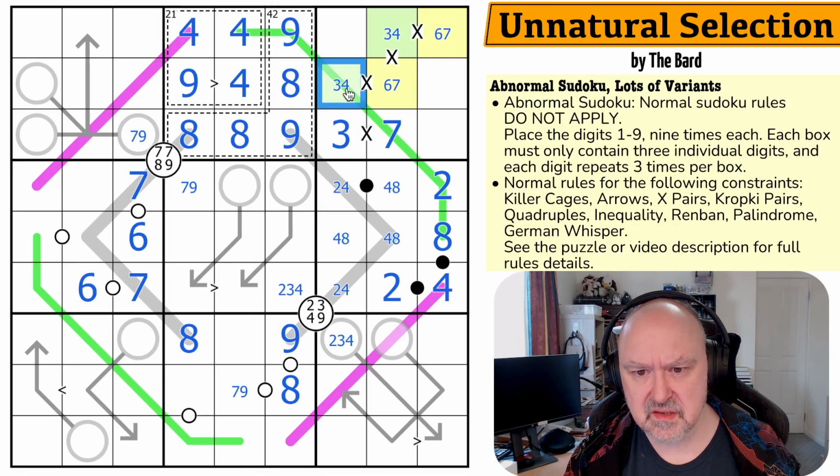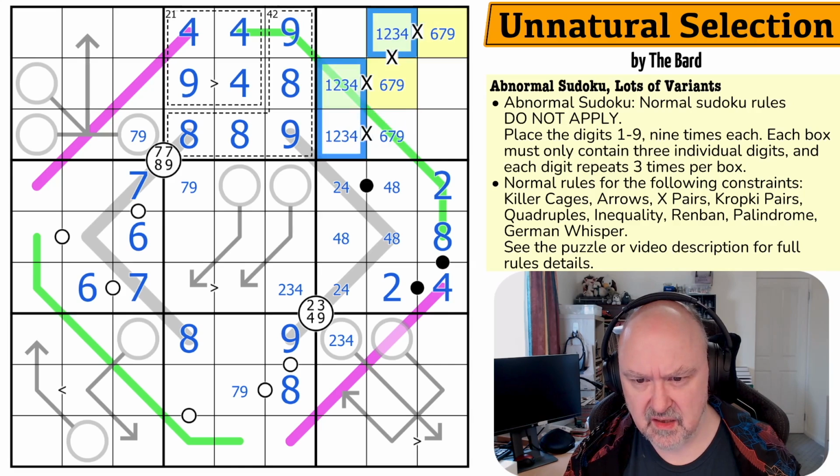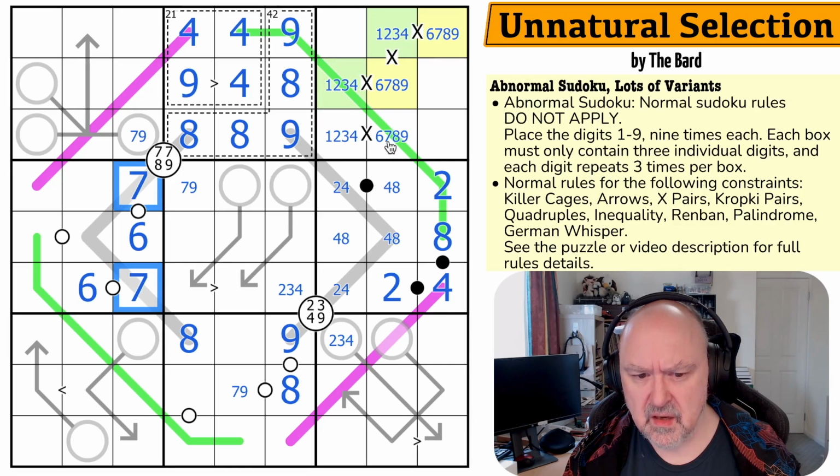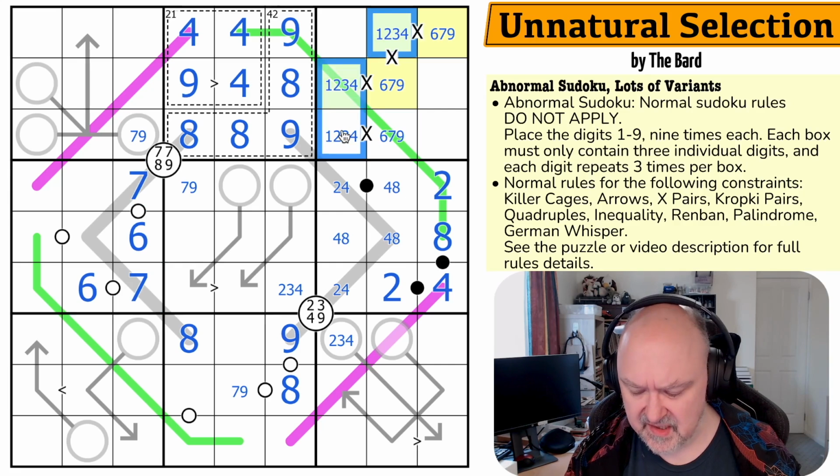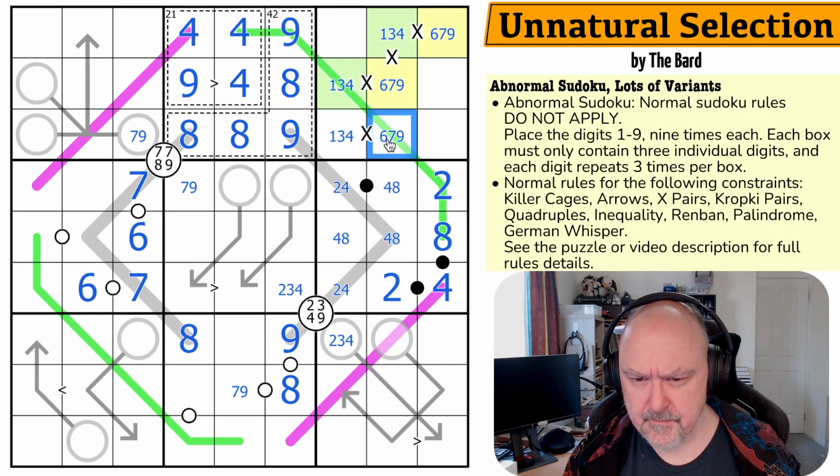And this is broken. So I've made a mistake. Yeah, I can't put 8 in any of these, which means I can't put 2 in any of these. I can't put 9 in any of these. That doesn't work.